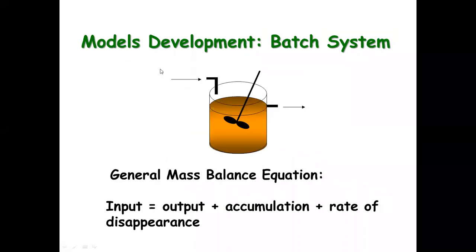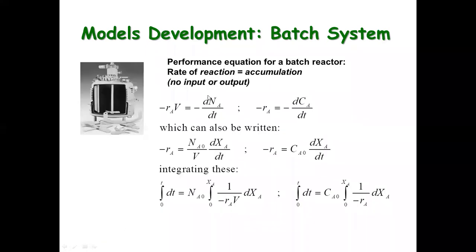We don't have continuous addition of the reacting species here, and we don't have continuous removal of the remaining unreacted A and the products. So this input and this output are both zero. We don't have rate in and rate out. We only have this and this. So accumulation in this case is equated to the rate of reaction.